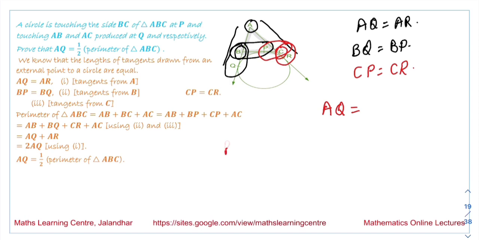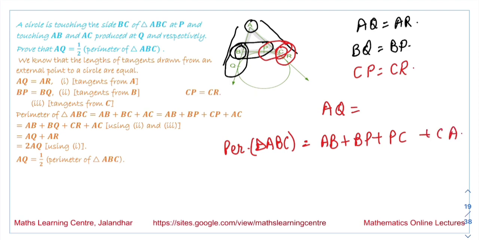Now the perimeter of the triangle ABC is AB plus BP plus PC plus CA. This value BP is equal to the length BQ. So in place of BP, we can write BQ, and AB plus BQ is equal to AQ.